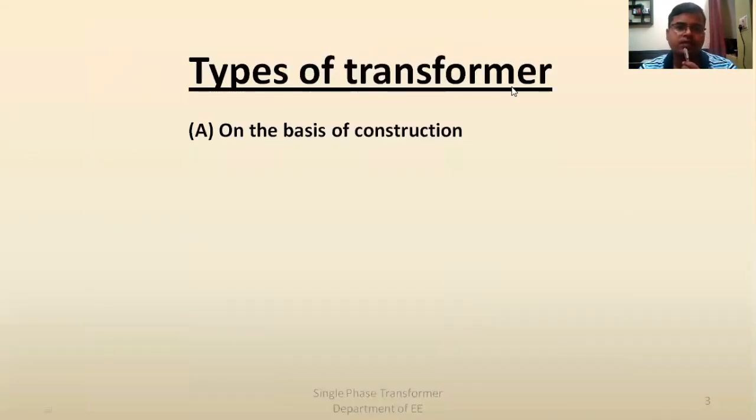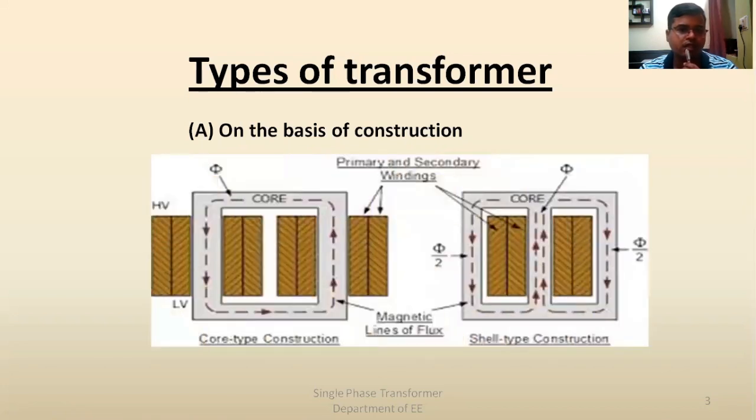Number one, types of transformer. On the basis of construction, there are two types of transformer. First is core type construction and second one is shell type construction.